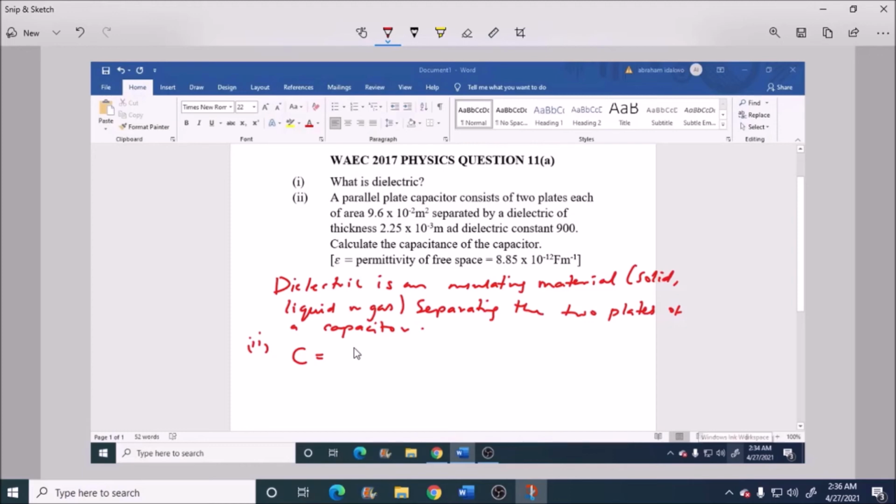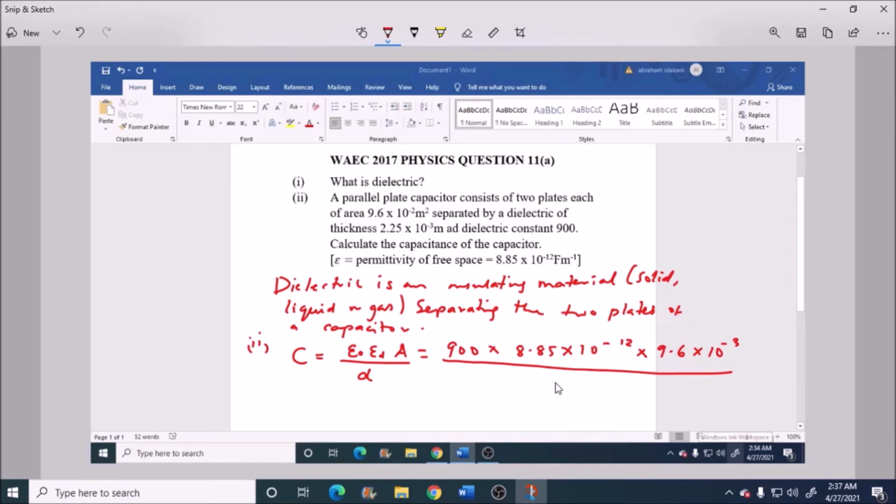Now this is equal to the constant, which is 900 times 8.85 times 10 raised to power minus 12, which is given in the question, times 9.6 times 10 raised to power minus 2. Divide all by the thickness. The thickness is 2.25 times 10 raised to power minus 3, which is also given.